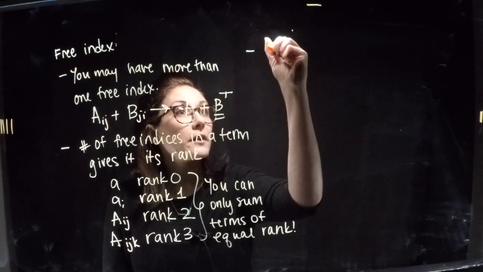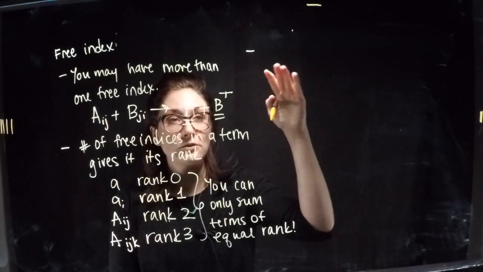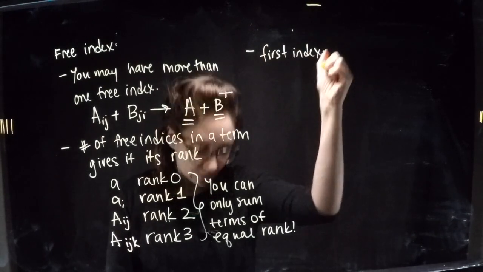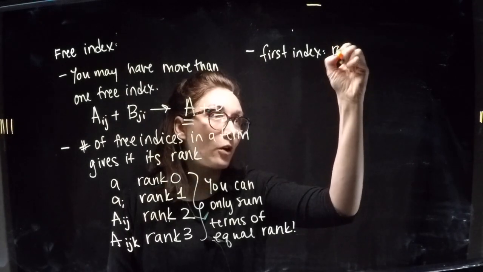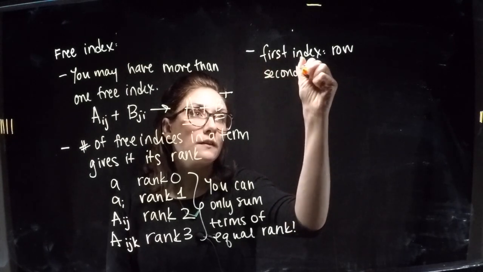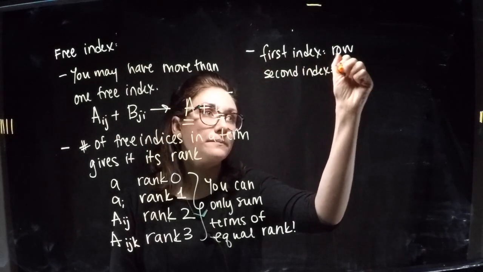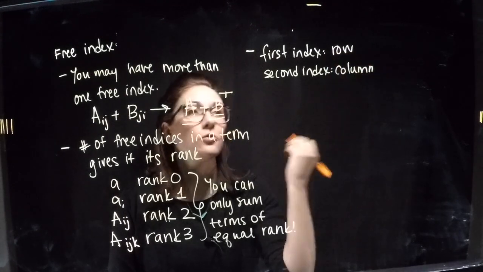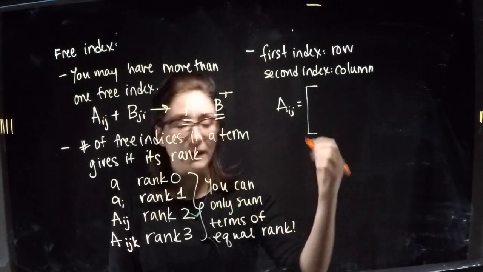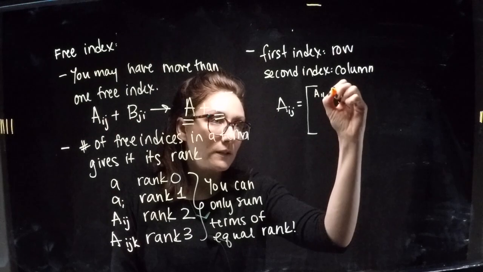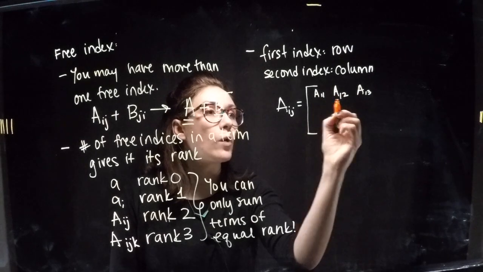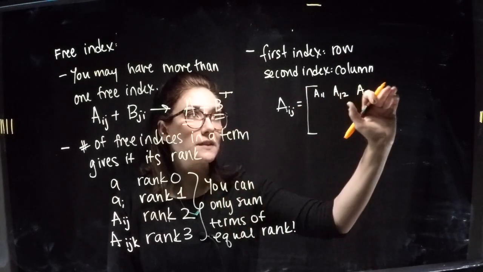Finally, the convention for anything with rank 2 or higher is that the first index corresponds to the row, if we're talking about a matrix, for example, and the second index corresponds to the column. So for example, if we have Aij, we would have a tensor or a matrix that looks like A11, A12, A13. So here I've got 1 for each of these because it's all the same row.